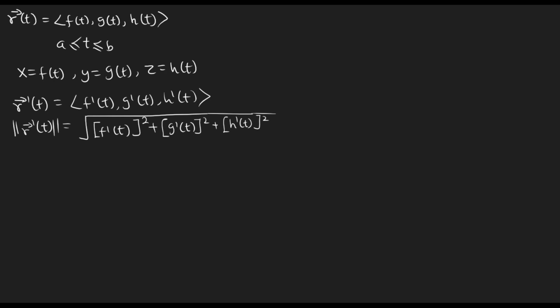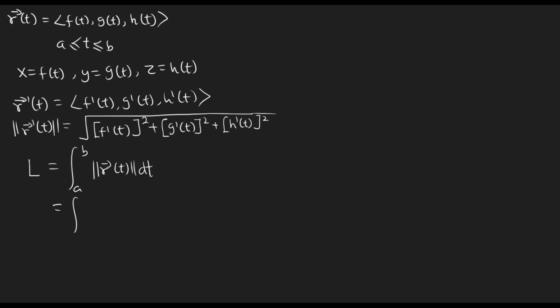Then after finding the norm, we integrate to get the arc length. So the arc length L will be equal to the integral over the given interval a to b of the norm of r prime of t dt. Now we can substitute this expression into the integral.